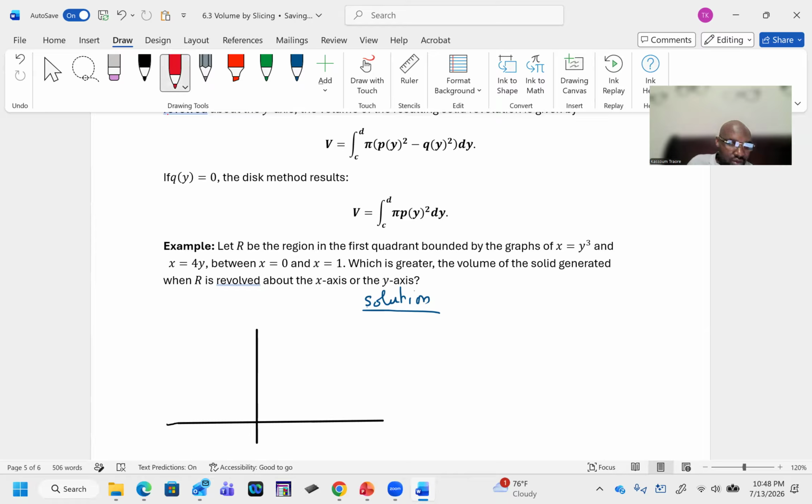So, of course, the graph of x equals y cubed will be something like this, but the graph of x equals 4y is just like a line. Let me curve this one a little bit so you will see.